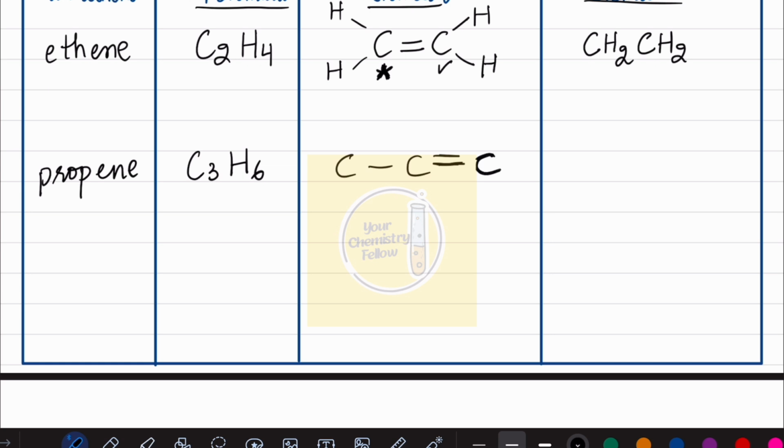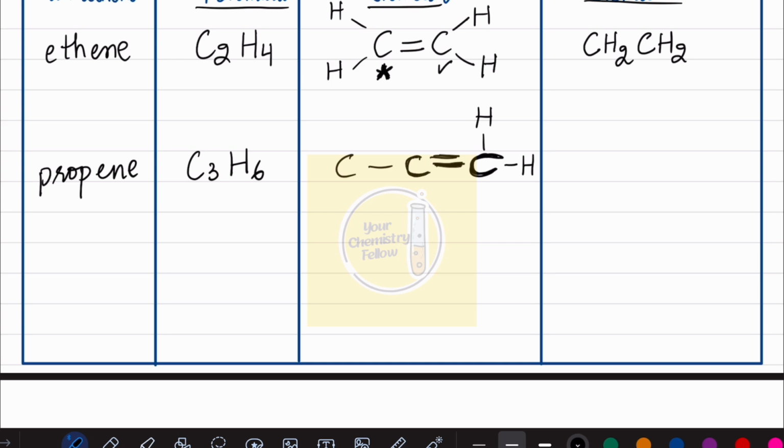So I will start making bonds from the right side. I have bold this carbon atom. There is a double bond with it, so it will only make bonds with 2 hydrogen atoms, and its 4 bonds are completed.